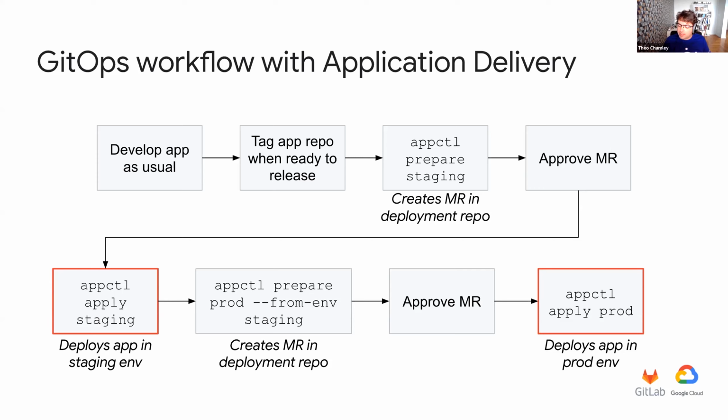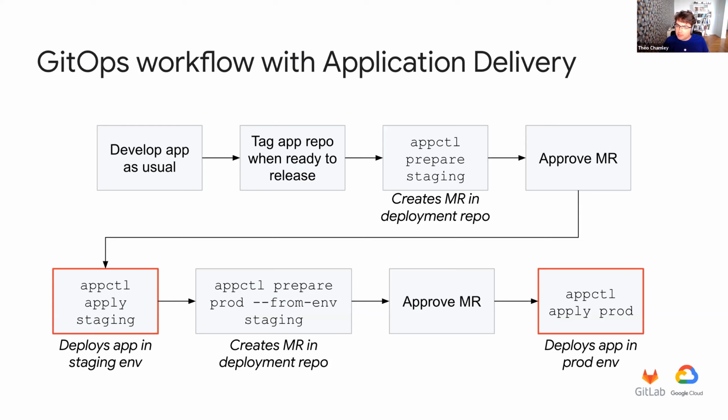And once that's done and you want to release your application to a pre-production environment, in our case, it's called staging, but you can call those environments however you want, you run the command appctl prepare staging. And what that does, it takes your base Kubernetes configurations that live in your application repository.